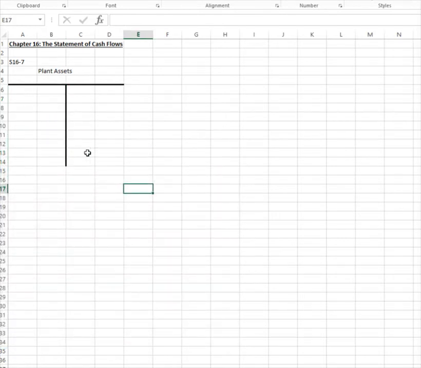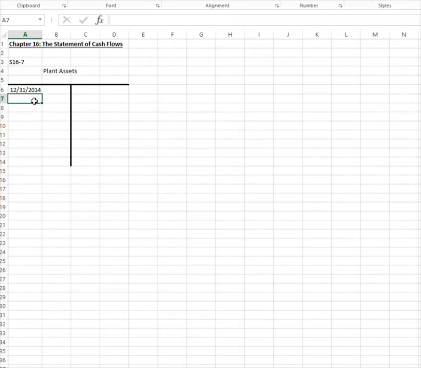Okay, so we have our nice little T-chart here, and we're going to start out over here on the debit side with what shows up for the year 2014. So that's going to be our balance as of 12/31/2014, and that amount was $83,750.